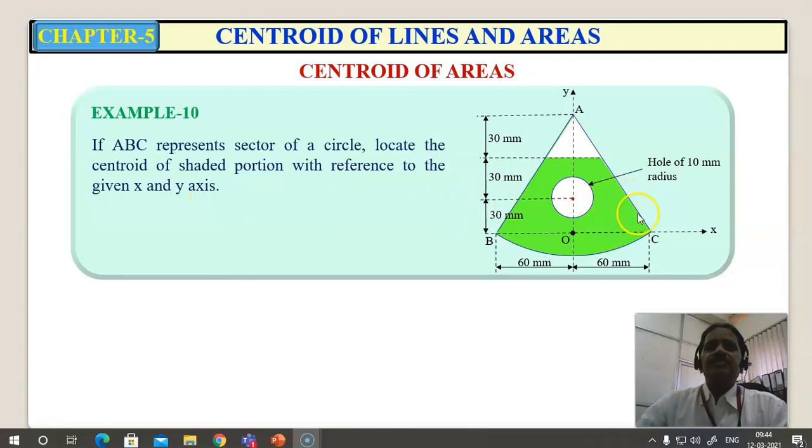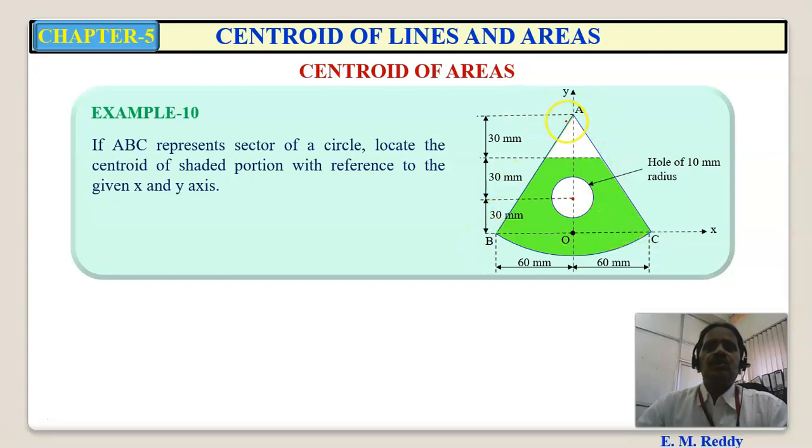Here what is the shaded portion? The green portion. So ABC is the total sector from which we are removing the triangle and a circle. So the remaining portion is the shaded portion, right?